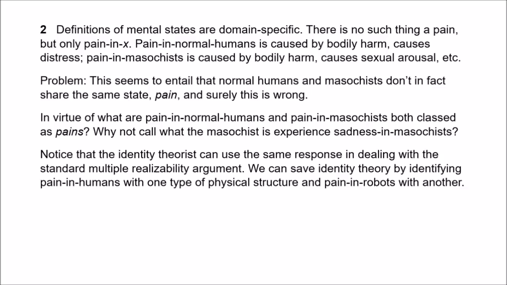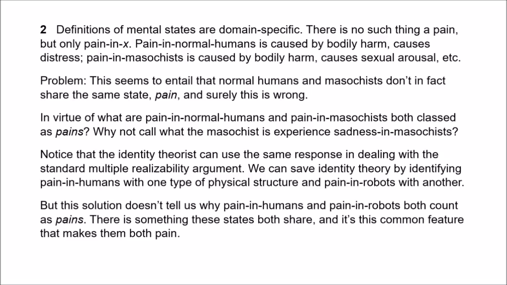And this solution is unsatisfying in itself because it doesn't tell us in virtue of what the human pain and the robot pain are both pains. It doesn't tell us what groups these heterogeneous physical states together. And indeed, functionalism was supposed to provide the answer to this, right? The functionalist says, well, the human pain and the robot pain are both pains, despite the differences in the physical states, because they both share the same type of causal profile.